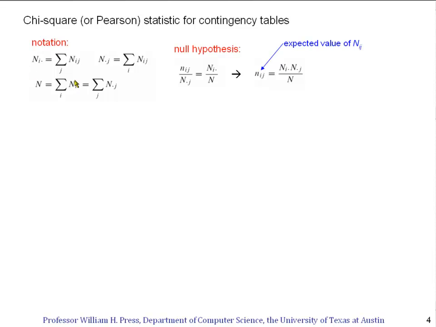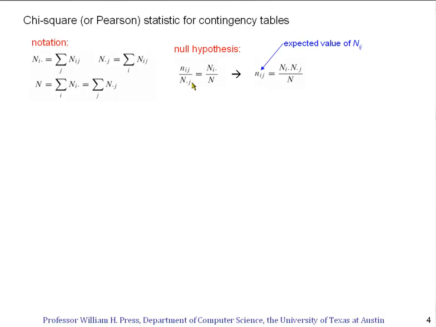And in that case, if you think about it, if you take the total number of events in row i independent of which column it's in, so I'm doing Ni dot, and you divide by the total number of events, then this is the row probability, or at least an estimate of it over the data. And that row probability ought to be repeated separately for each column, so that each individual Nij should be that same fraction of N dot j.